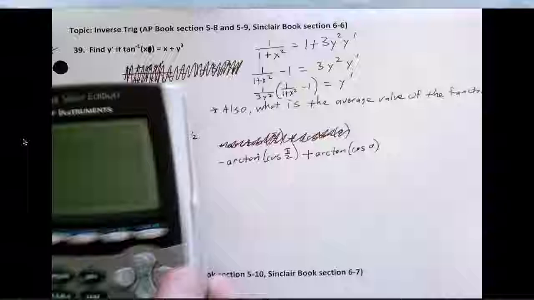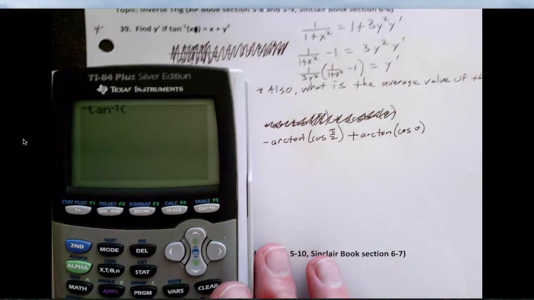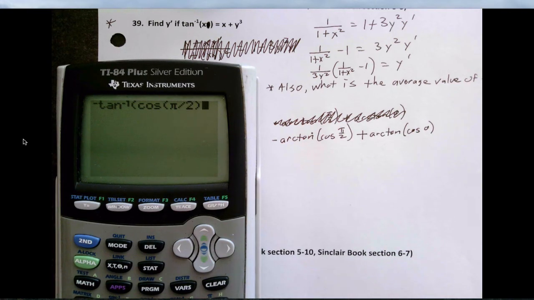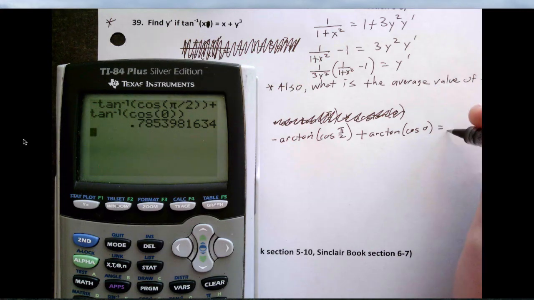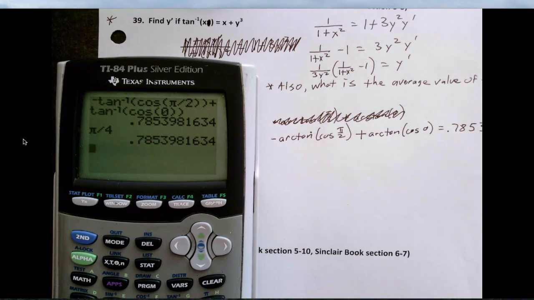In this case, I have negative arctan of cosine pi over 2 plus arctan of cosine of 0. And I have 0.7853. All right, and just double check. That is pi over 4. So you could say it's pi over 4.